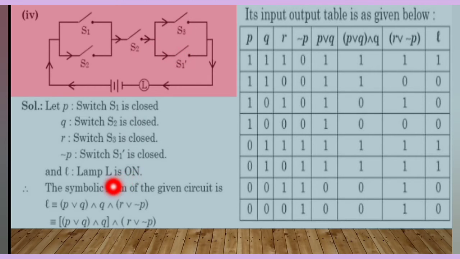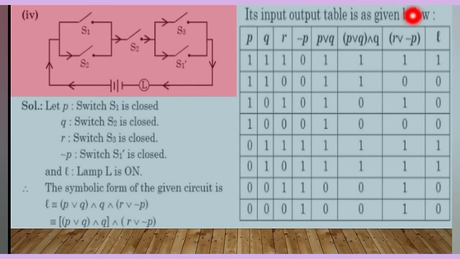In bracket, this is S3 meaning R. R is parallel to S1 dash, so R or negation P. See here, R or negation P. This is the symbolic form. Now again we write in a complete bracket P or Q and Q, and in bracket R or negation P.